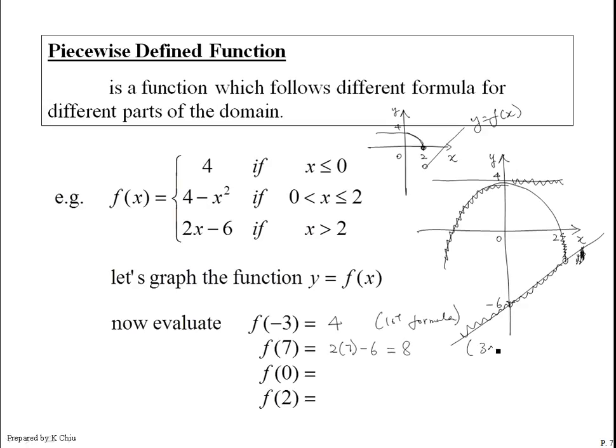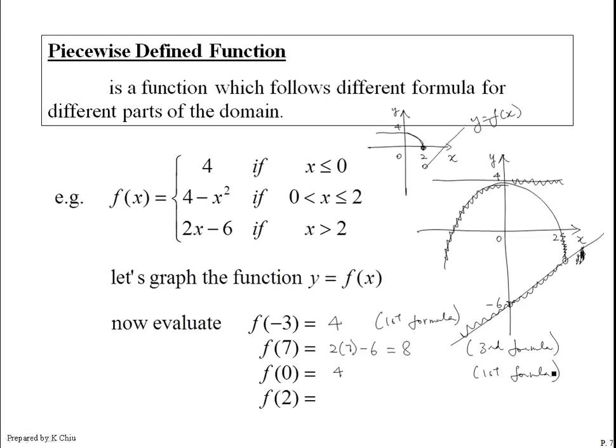We are using the third formula because x is equal to 7 now, which is greater than 2. How about f of 0? That would be 4. Which formula to use? The first one. Why do we use the first one? Because x is equal to 0. So we use the first piece.